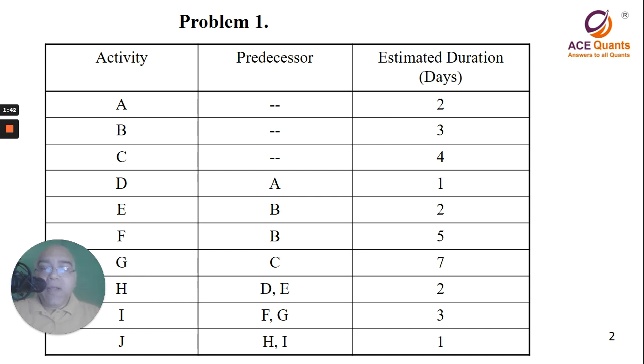As you keep going ahead, you will see a necessity for perhaps a dummy activity. But at the beginning, do not try to figure out how many dummies would be required in this particular problem. So let us see how we construct the network for this problem using the activity on arrow convention. Repeat, look at the activities, look at the predecessor relationship.